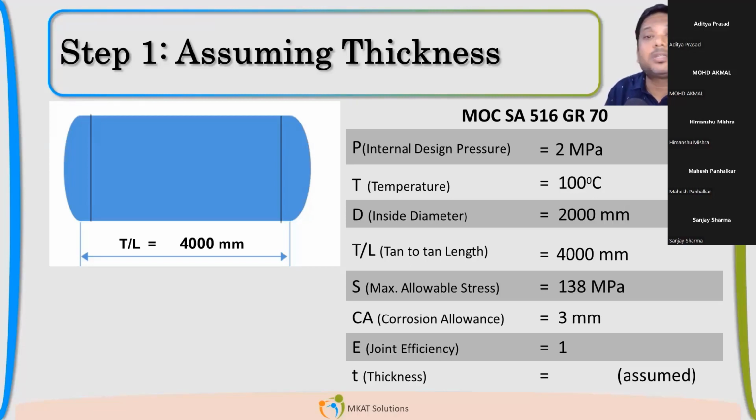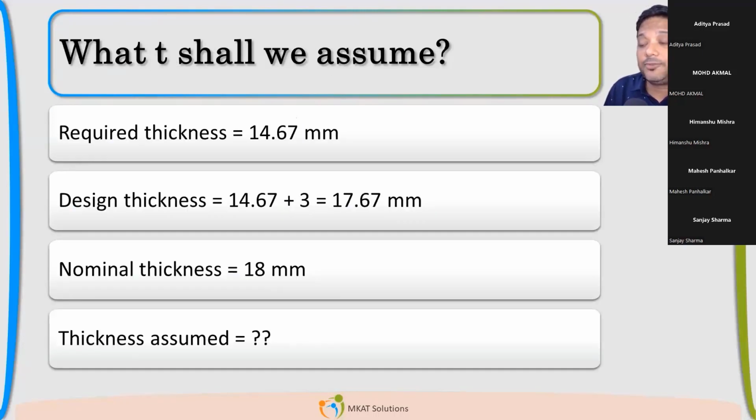So I don't know which method to follow, whether I'll have to follow UG-28(c)(1) or UG-28(c)(2). To finalize that, we need thickness. Now what thickness should I take? I'll give you the value. The required thickness which we calculate is the result of internal pressure.